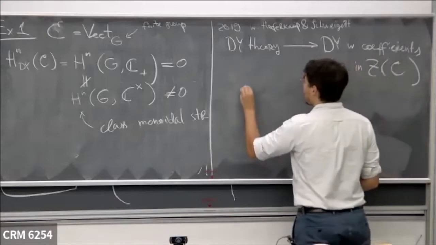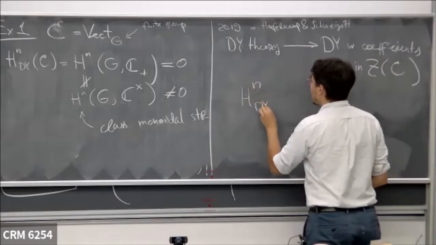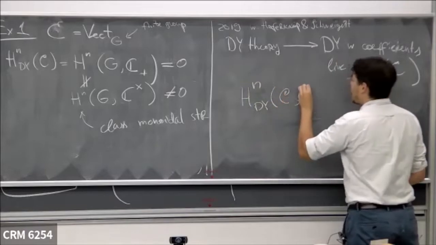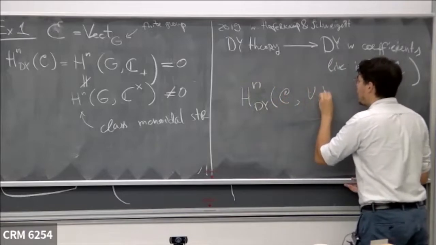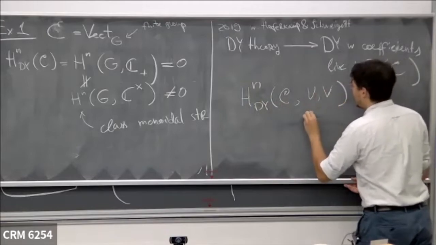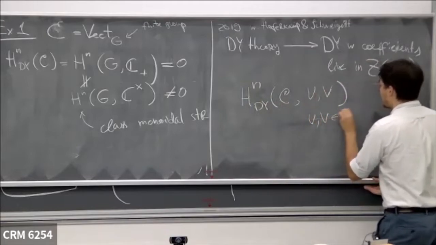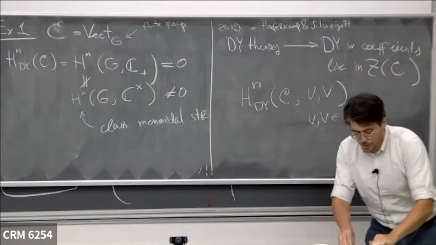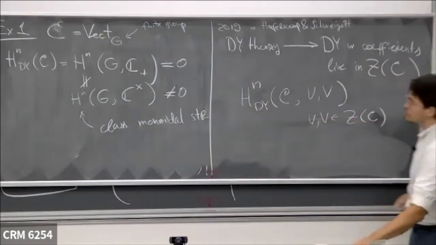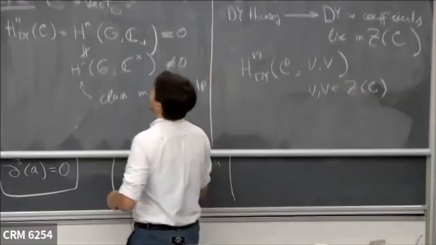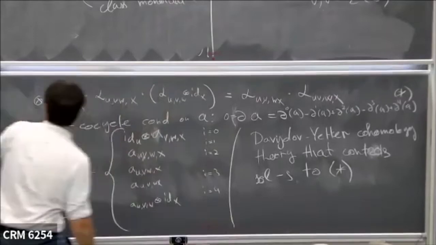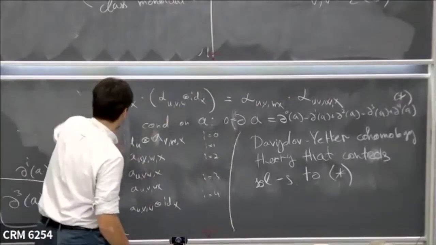And I will talk about H^n_DY for the category C and for some coefficients U and V, which live in the Drinfeld center. So there is a pair of coefficients. You can reduce it to one coefficient, but it's useful to have a pair. Anyway, we have such an extension, and let me formulate the result.